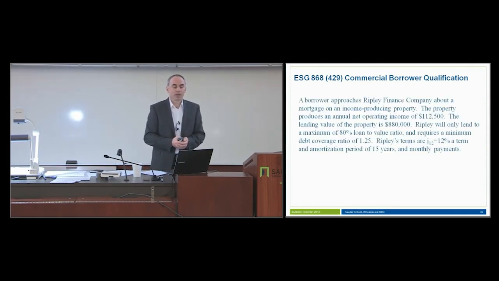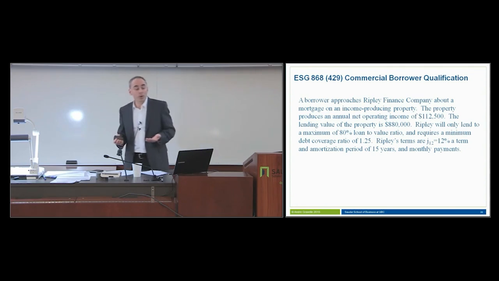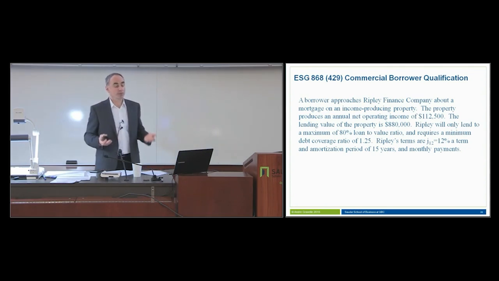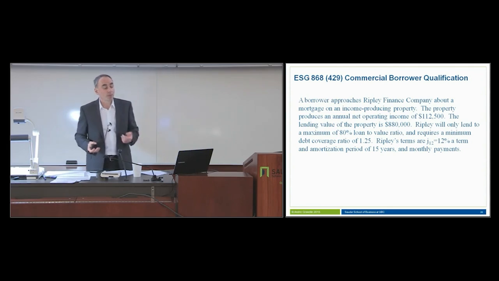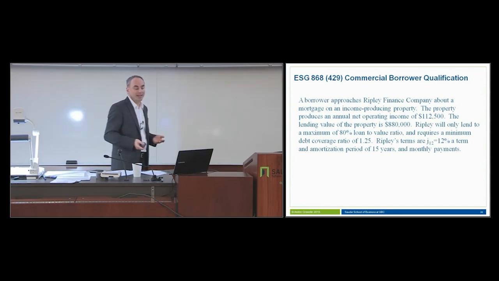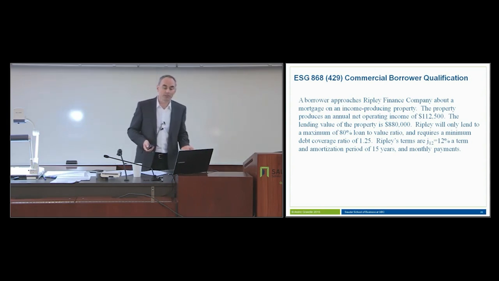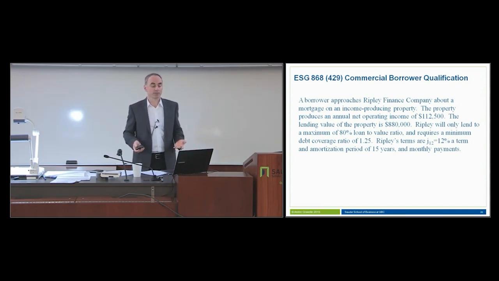Okay. This question says, a borrower approaches the Ripley Finance Company about a mortgage on an income-producing property. The property produces an annual net operating income of $112,500. The lending value of the property is $880,000.